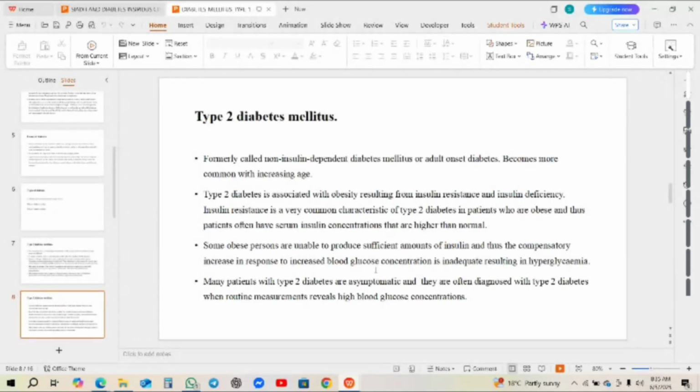Many patients with type 2 diabetes are asymptomatic, and they are often diagnosed when routine measurements reveal high blood glucose concentrations.